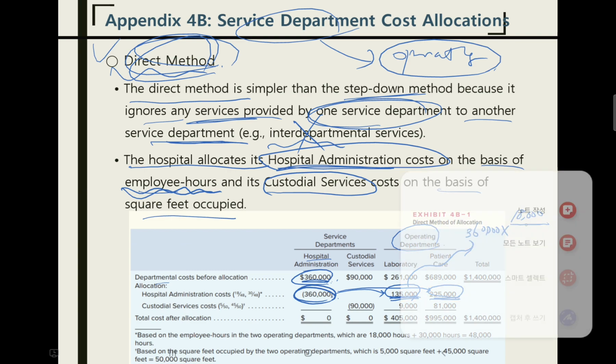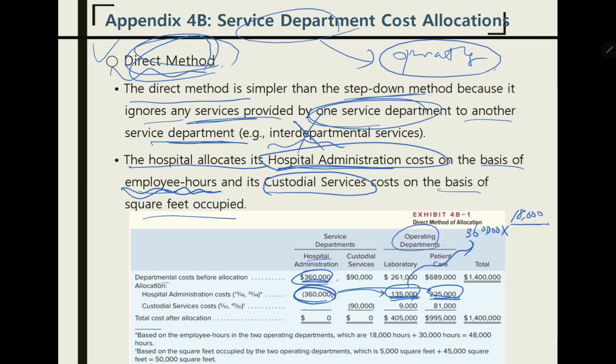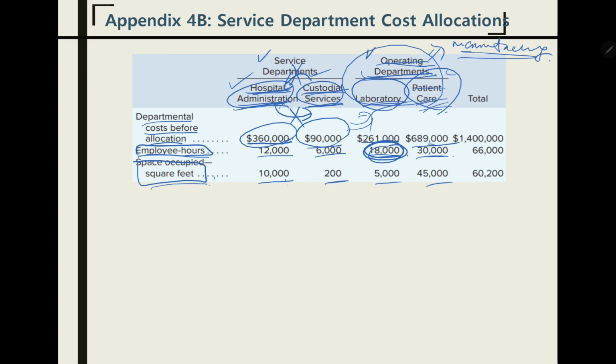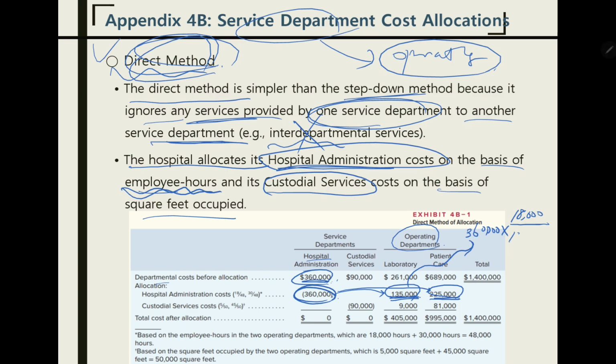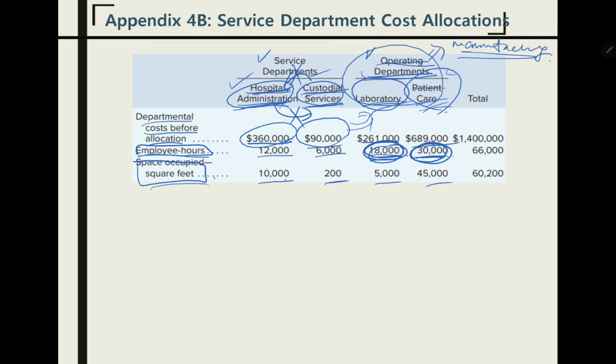18,000 hours divided by what? 18,000 hours and 30,000 hours. Why do we account for only the hours of operating department?